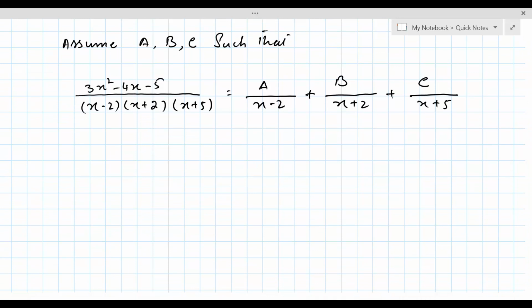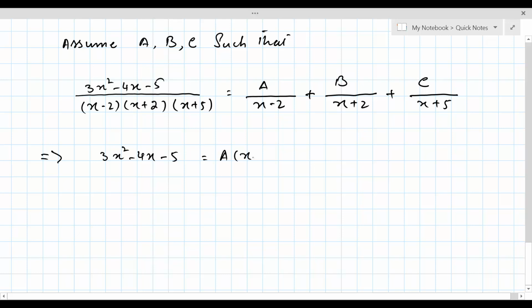So now we take LCM on right hand side and then cancel it out. So this gives us 3x square minus 4x minus 5 equal to a into x plus 2 into x plus 5 plus b into x minus 2 into x plus 5 plus c into x minus 2 into x plus 2.